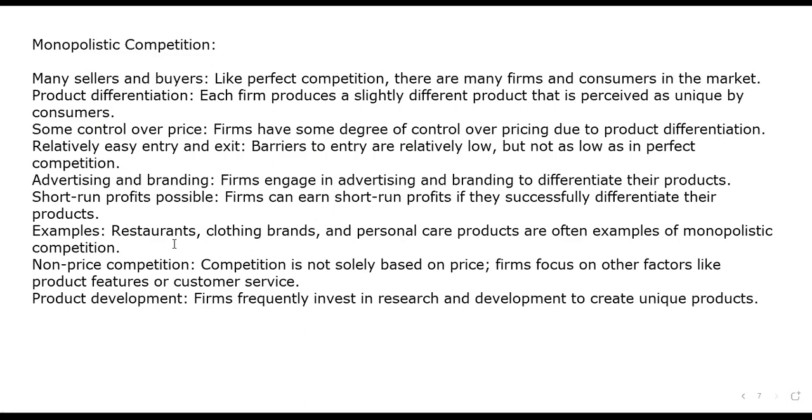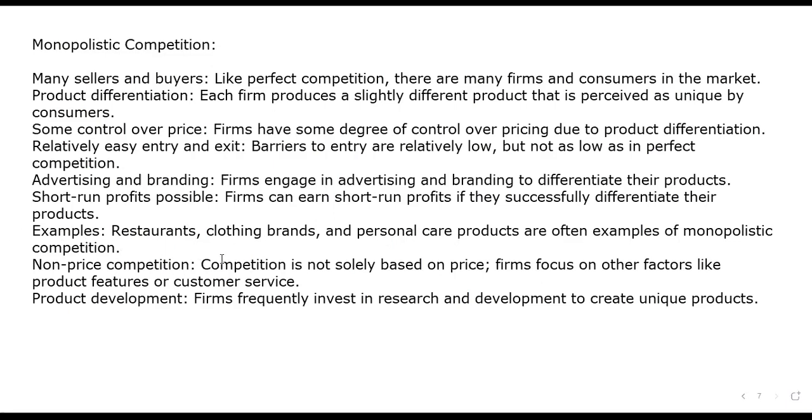Advertising and branding is the order of this market structure because firms want to differentiate their products, and they make short-run profits, which end with these firms' successful differentiation. So firms such as restaurants, clothing brands, personal care products, cosmetics are examples of such monopolistic firms.